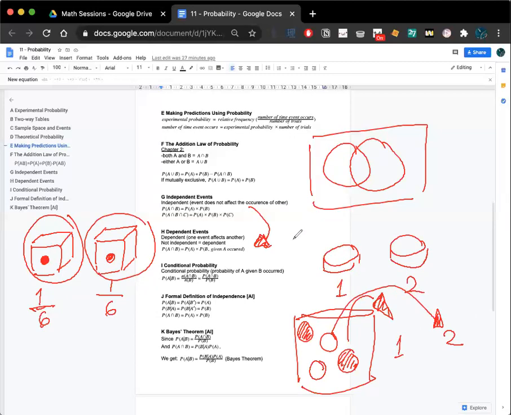If we have 4 marbles in the first place, then you take one, there will only be 3 marbles in the bag. So the chances the next time you take a marble are affected by the result of the first time.